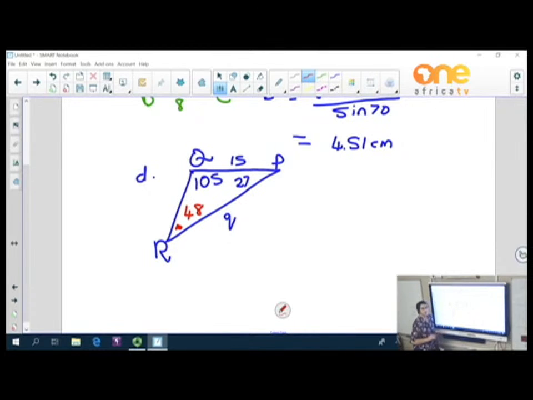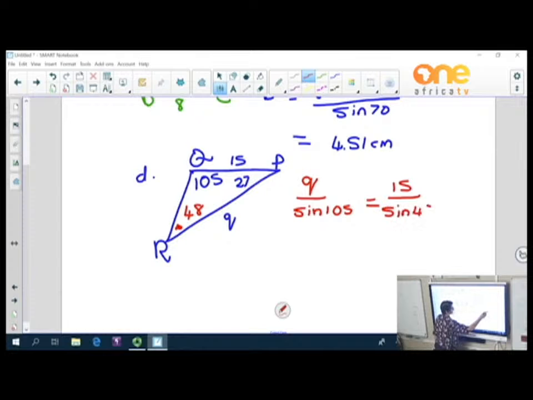Don't just take any angle. They must be opposite the side. So I want to calculate Q. Q is opposite sine 105 degrees is equal to, and now I'm taking this one, so it is 15 over sine 48 degrees.